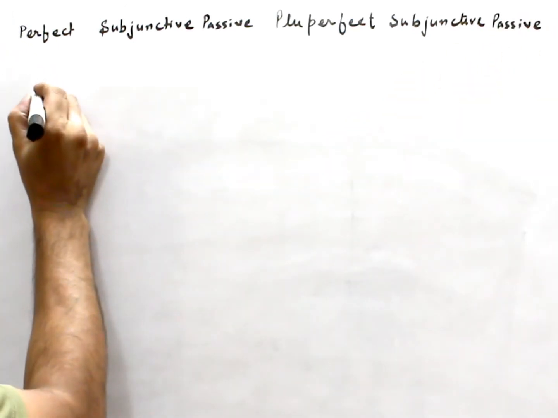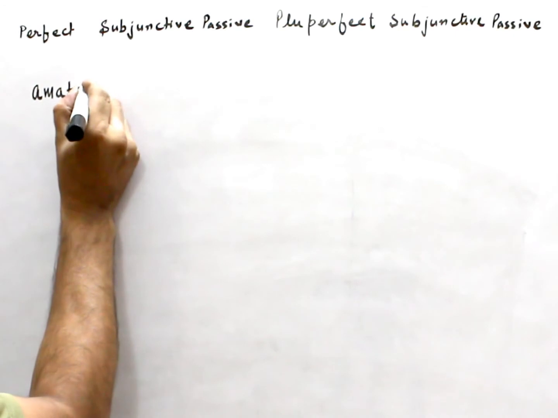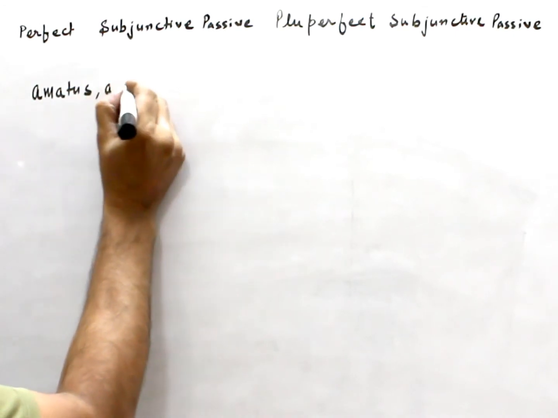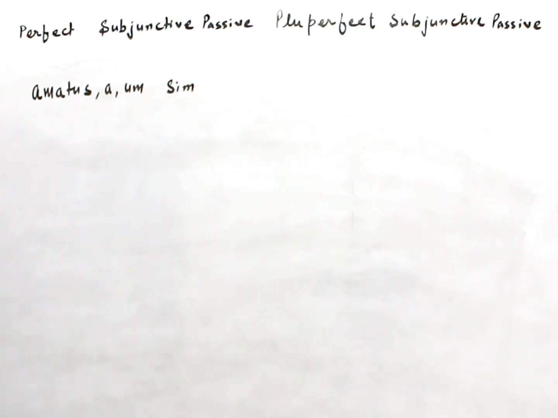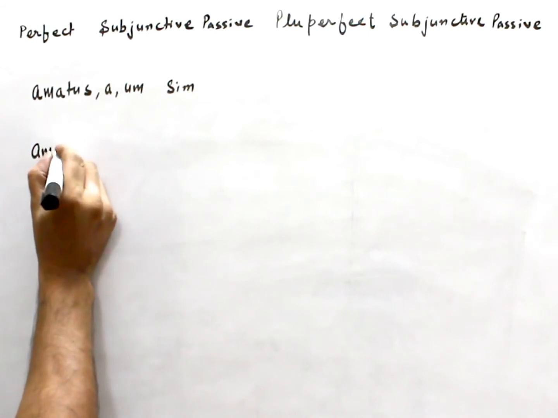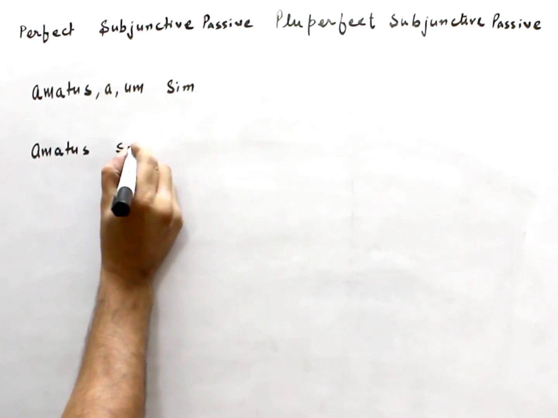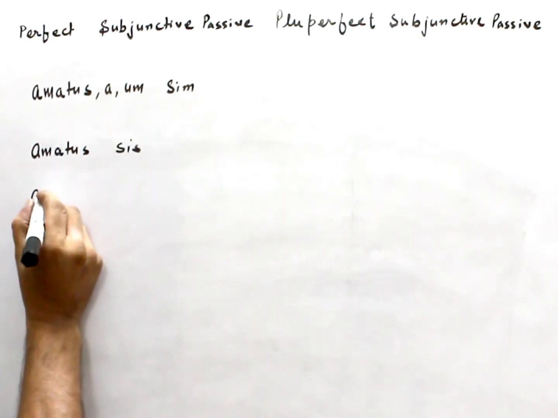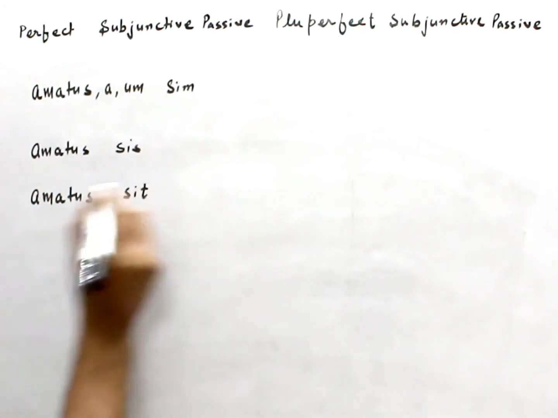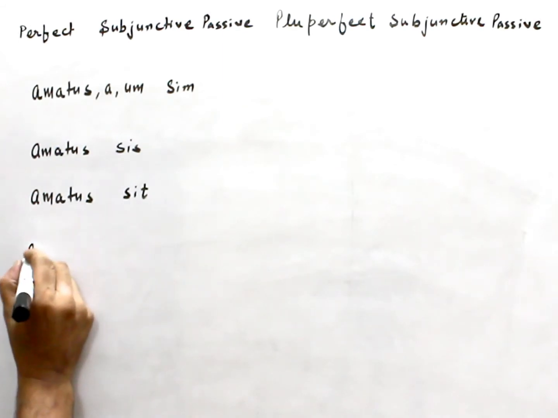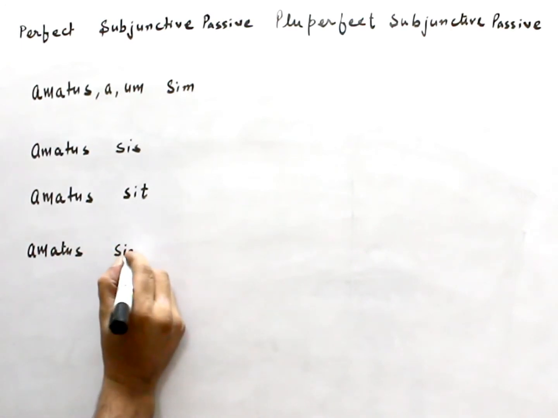So this becomes amatus, a, this will be same, sim, and amatus sis for you, and amatus sit, and amatus simus.